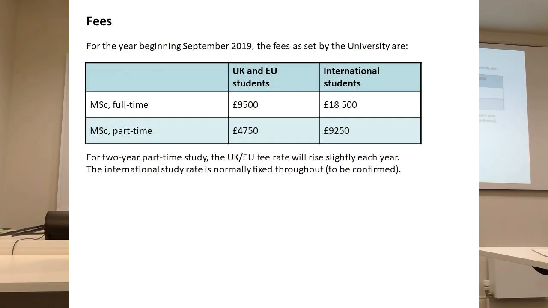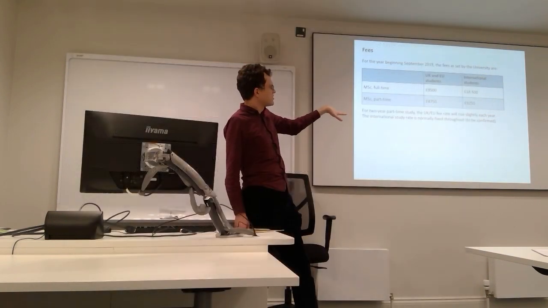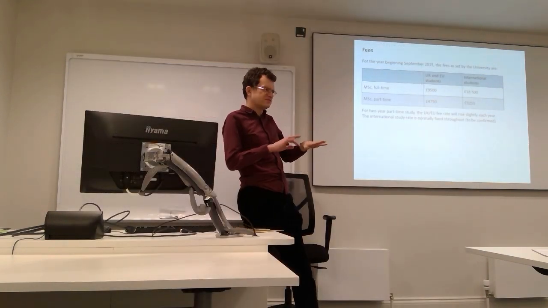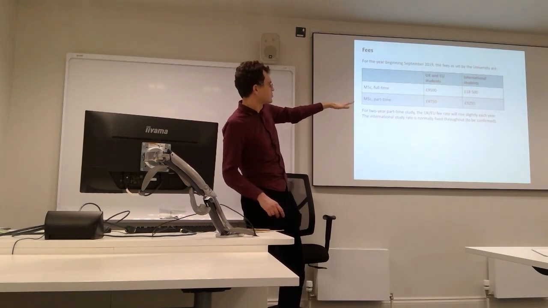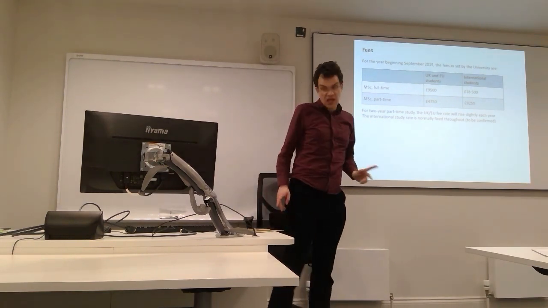So, if you started your studies in the coming year, then the fees would look like this: 9,500 full-time for UK/EU students, 18,500 for international students. The part-time fee is half of the full-time fee, and then the home rate rises very slightly with inflation.